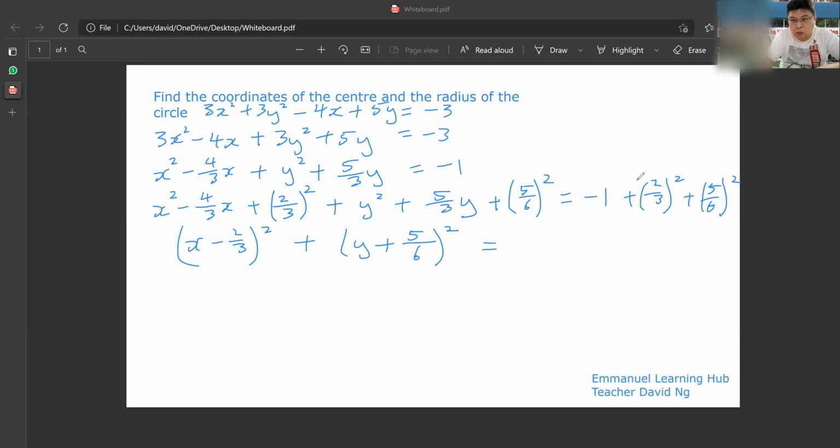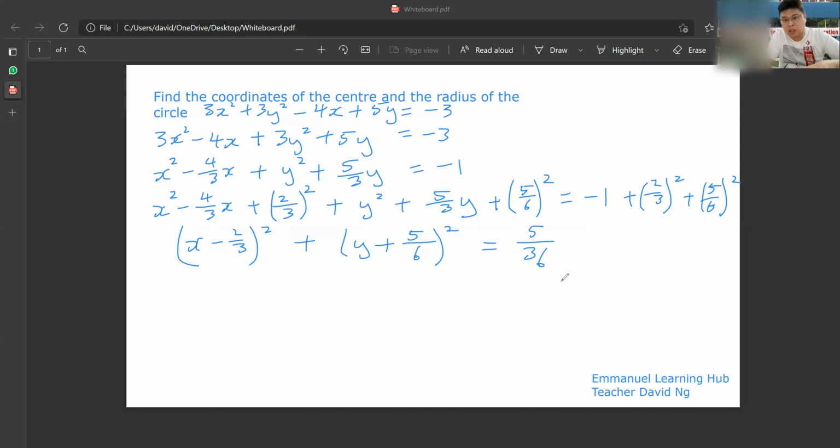Then this one you use calculator to simplify, right? Minus 1 plus (2/3) squared plus (5/6) squared. You will get 5/36.